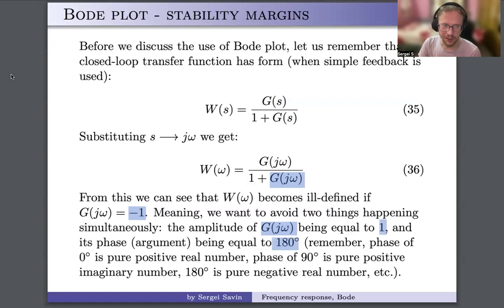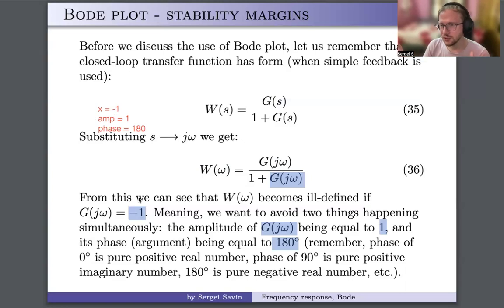So -1 can be seen in polar coordinates as amplitude 1, phase 180 degrees. I understand that it is a little strange to think of real numbers in terms of amplitude and phase, but you can. There's nothing wrong with it.